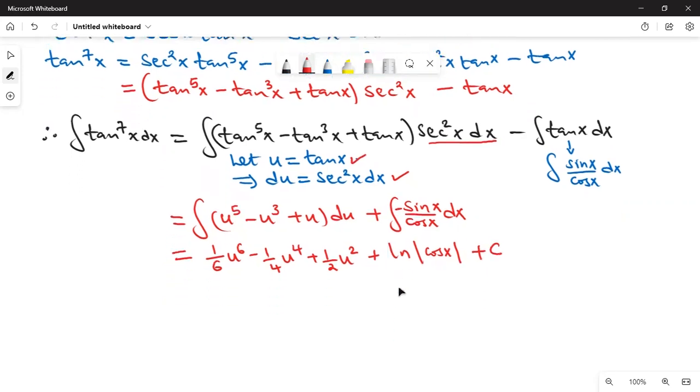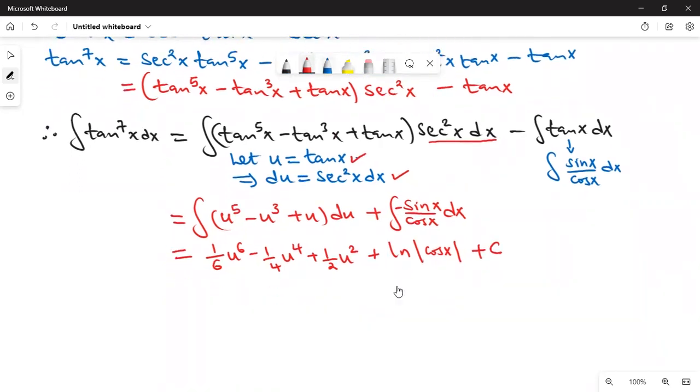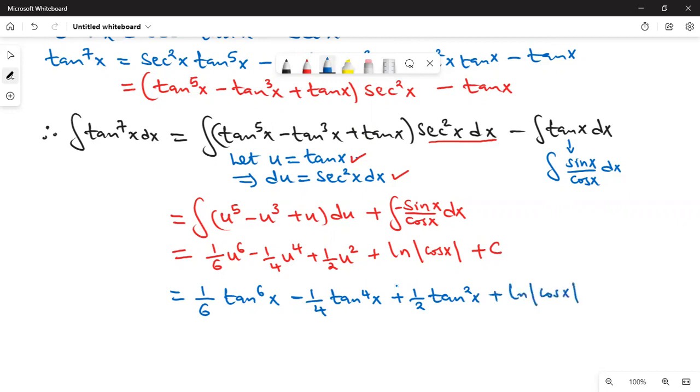So when you replace u by tan x, you're going to get your final answer to be 1/6 tan raised to 6 of x minus 1/4 tan raised to 4 of x plus 1/2 tan squared of x plus ln of cos x plus a constant c.